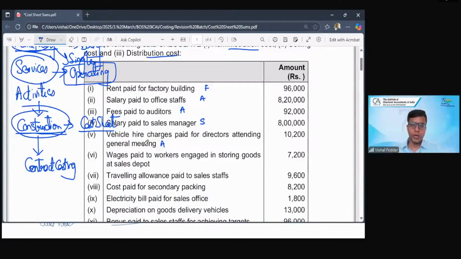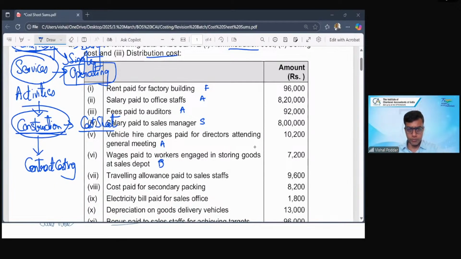Wages paid to workers engaged in storing goods at sales depot. Selling or distribution? I believe this is distribution, because the workers who are working at the depot are for distribution, correct? So this has to be distribution.